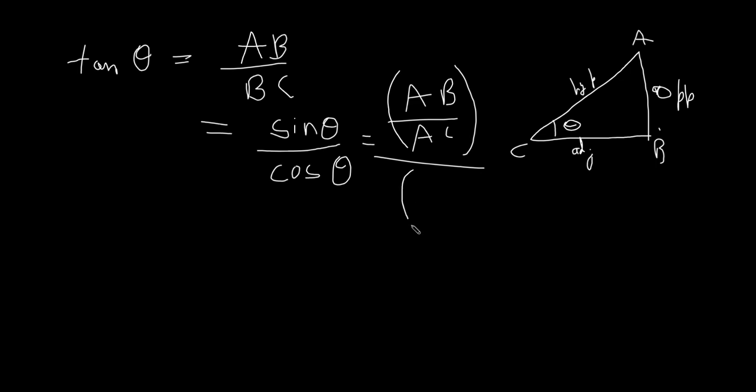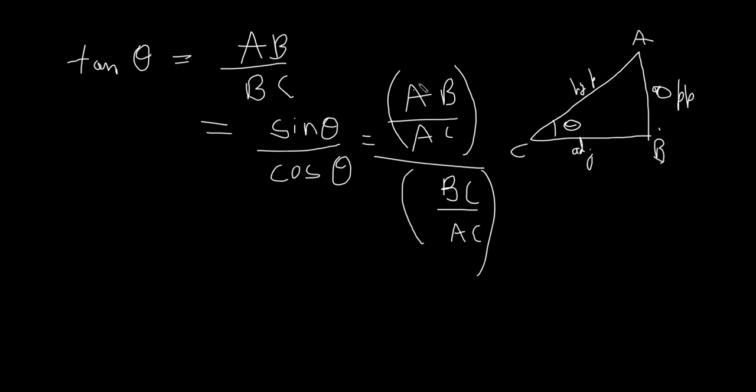Now cos theta corresponds to the ratio adjacent over hypotenuse, that is BC upon AC. Here I'm trying to derive a relationship between tan theta and sine theta by cos theta. I'm just trying to prove that these both are equal.